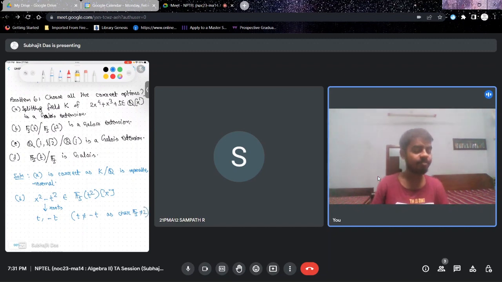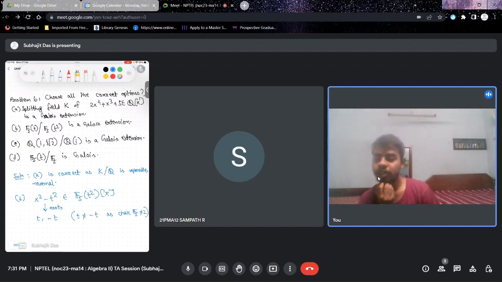The characteristic of F5 is precisely 5, so t cannot be equal to -t, because otherwise 2t would be equal to 0, which would mean that the characteristic is 2. The characteristic is 5, not 2. So this polynomial has two distinct roots in F5(t) or in any extension, which means that this polynomial is certainly a separable polynomial, right?